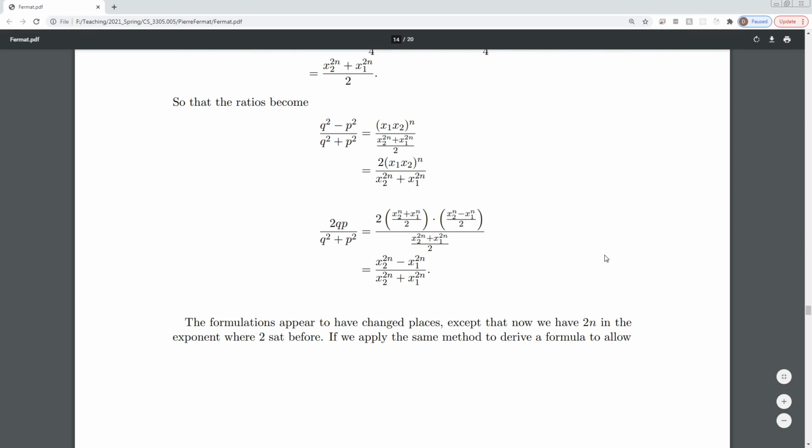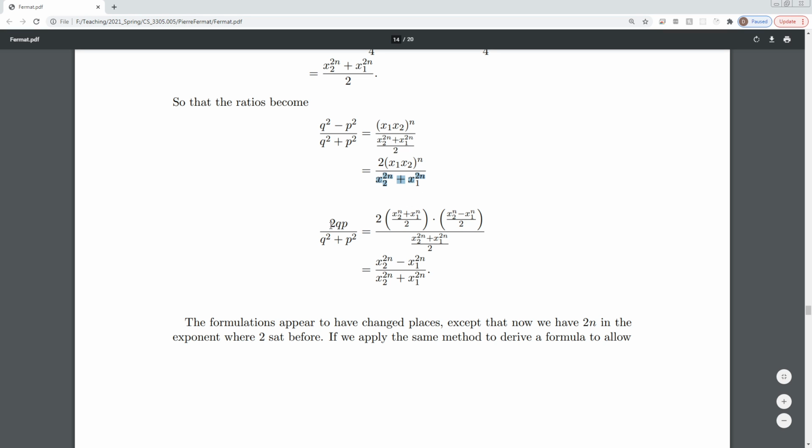So now we piece together our ratios to see whether or not we can extract an exponent. There is an exponent to be had right here, but whenever we divide it by q squared plus p squared, this 2 comes out in the numerator, this factor of 2, which is a little bit troublesome. But then we have that this is an integer.